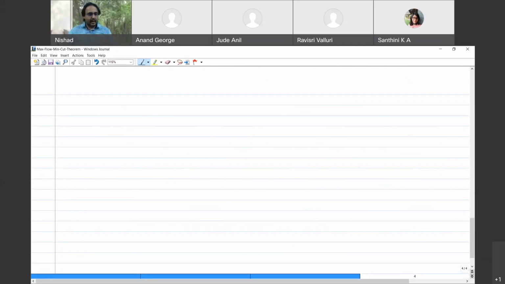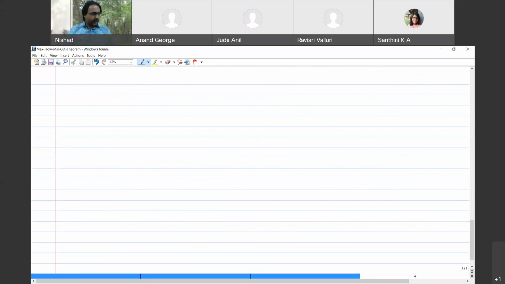All right. So let's start with a more basic question. Let me draw the network that we have been looking at, the max flow instance that we have been looking at. Okay, so here are all of our arcs.